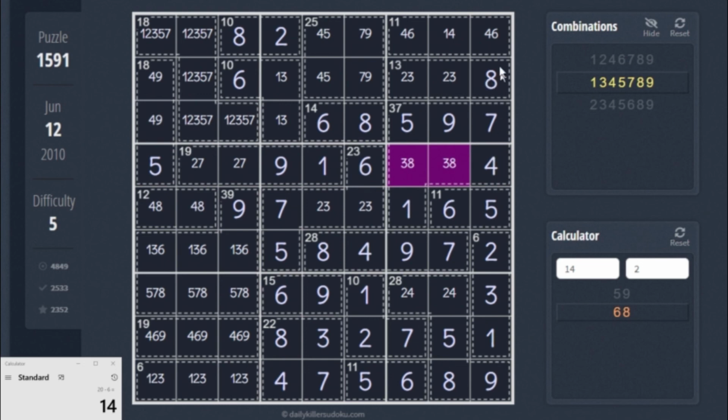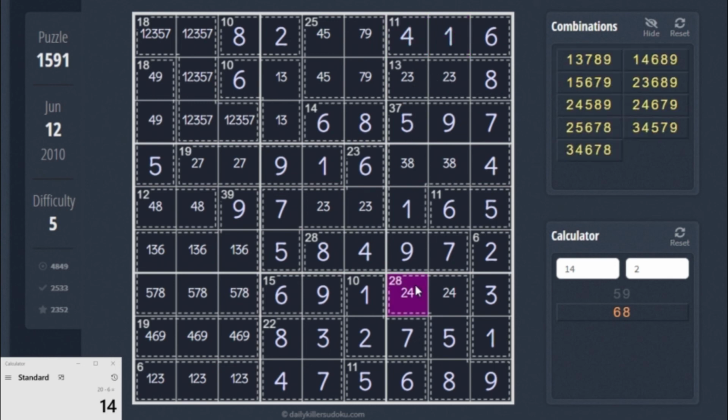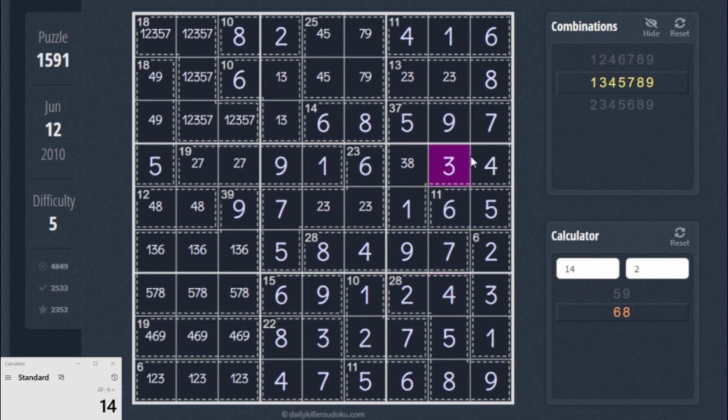This is 4. We got 6. We got 4. 4, 4, 2, 2, 3, 8. So we got 8, 3, 3, 2. Right. So the whole section is already finished.